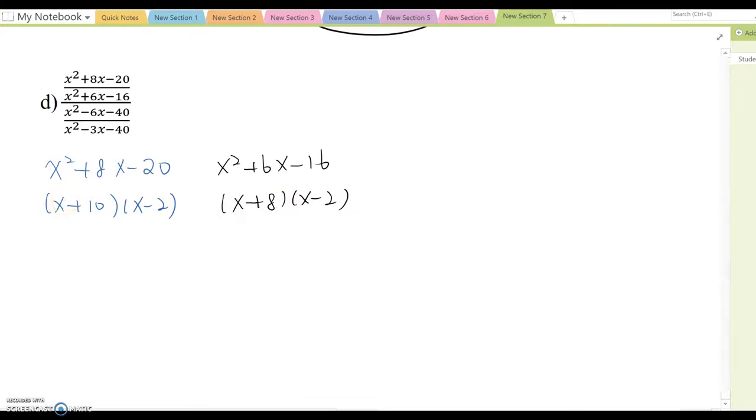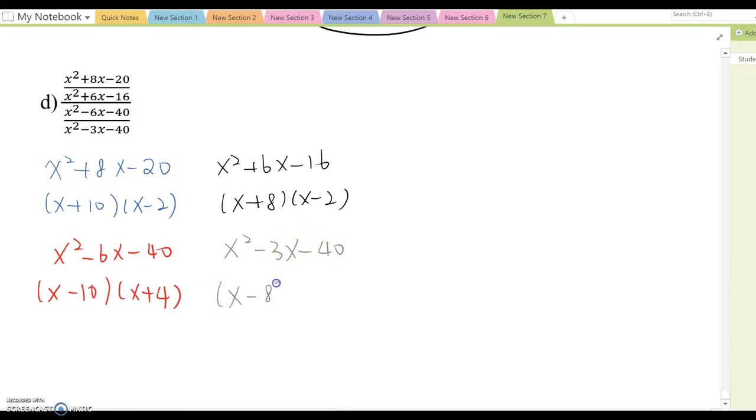Third one, x squared minus 6x minus 40, which is x minus 10 and then x plus 4, and then the last one, which is x squared minus 3x minus 40, so it becomes x minus 8 and then x plus 5.